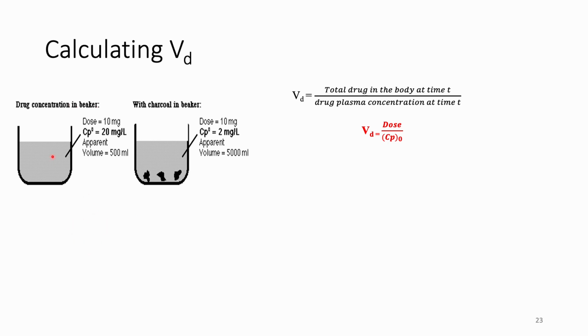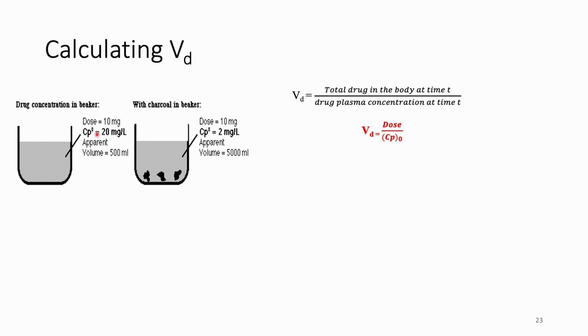Here, you don't have the volume, so the equation is concentration equal to the dose divided by the volume. When we rewrite it, the volume of distribution is equal to the dose divided by the drug concentration, here CB0.